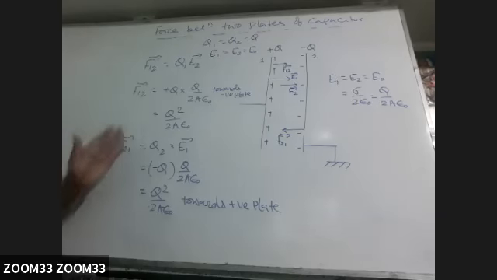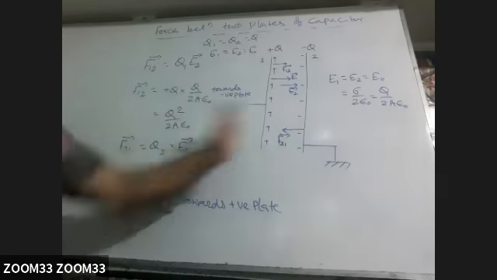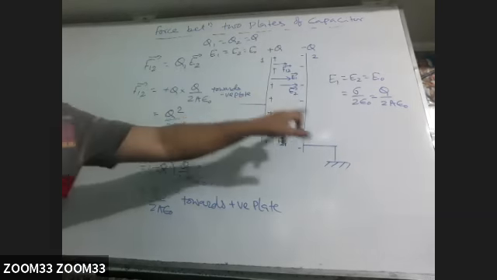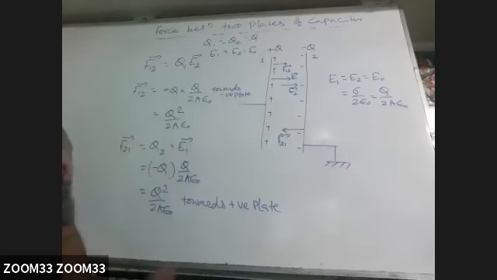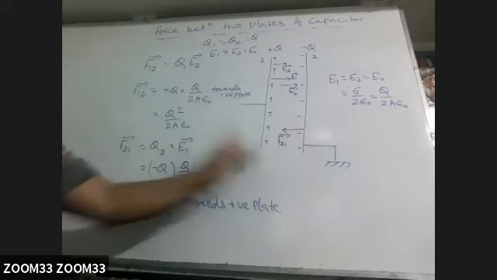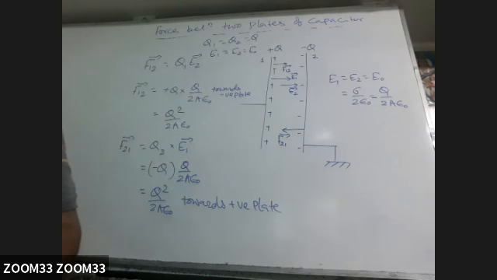So what is happening here? The magnitude of this force will be same. Whatever force is experienced by this plate, same force will be experienced by this plate. Magnitude is same, only direction is opposite. This one will experience force towards negative plate. This one will experience force towards positive plate.